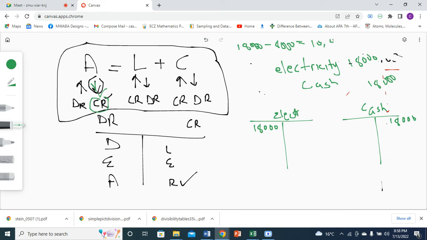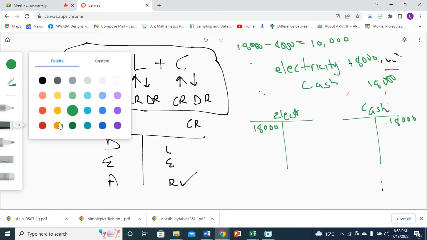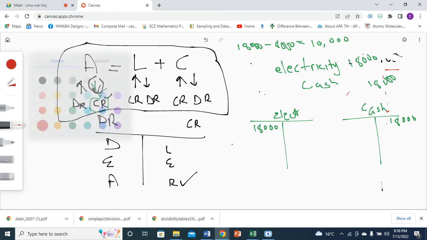So the entry has been overcast by 10,000. We need to reduce this 18,000 in our T accounts. So on electricity, we'll credit electricity 10,000.